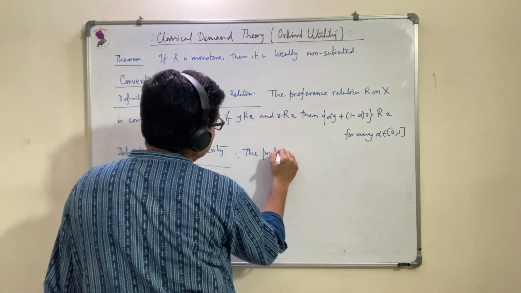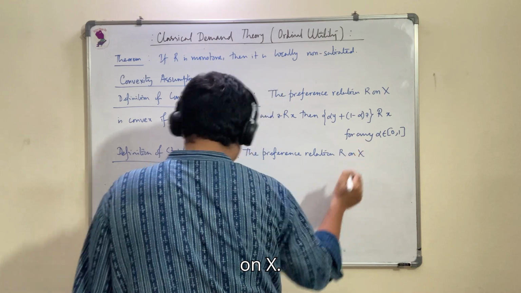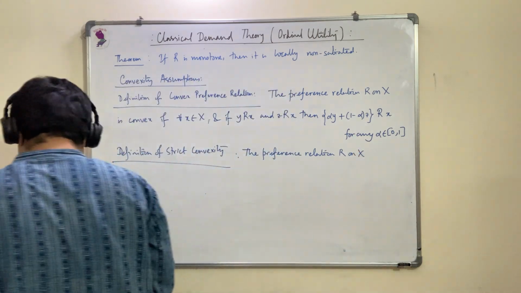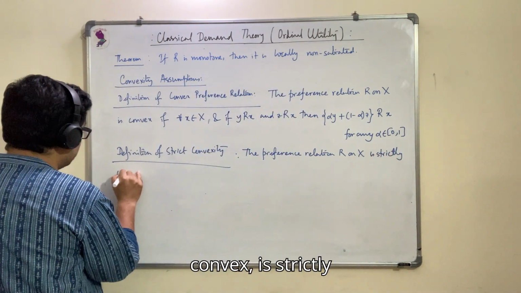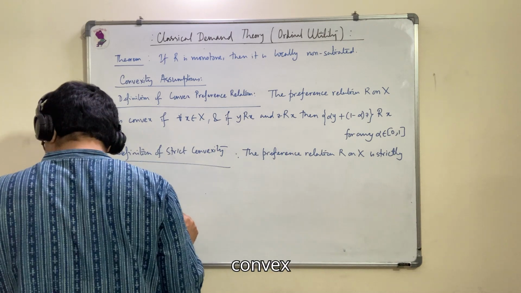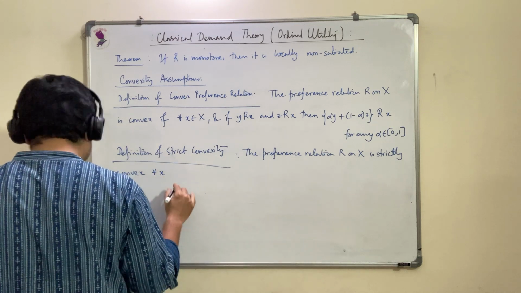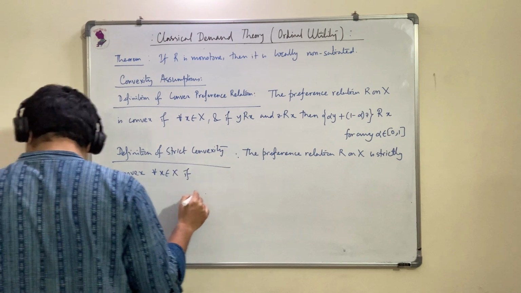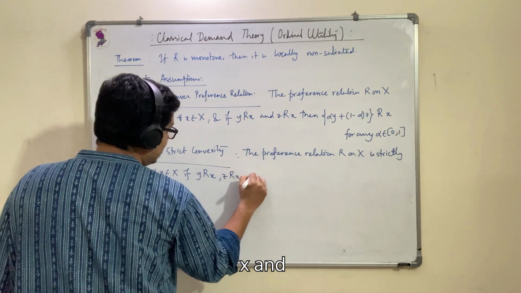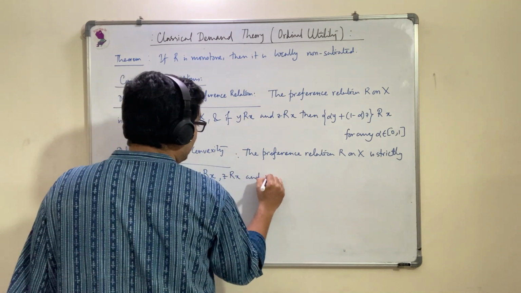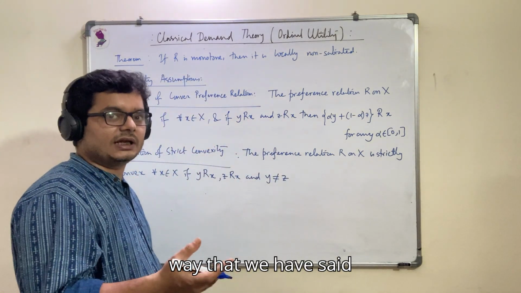The preference relation R on X is strictly convex for all x belonging to X if y R x, z R x, and y not equal to z, in the same way that we have said earlier.